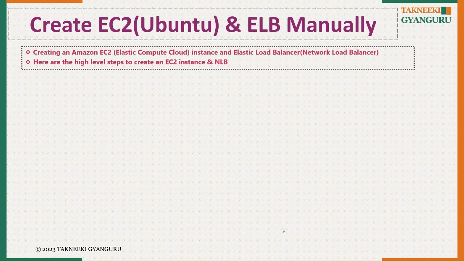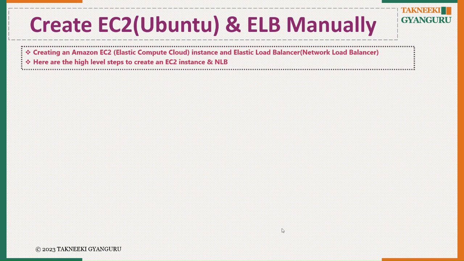Today we will cover how to create EC2 instances, and on top of that we will create an elastic load balancer the manual way. We'll create two Ubuntu boxes, and on top of that we will create an elastic load balancer.